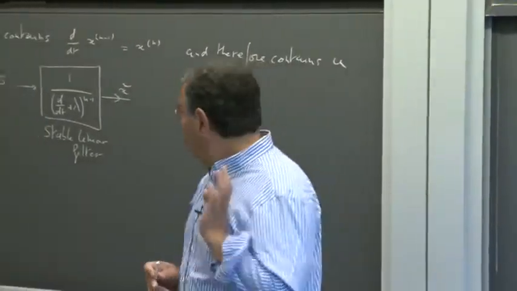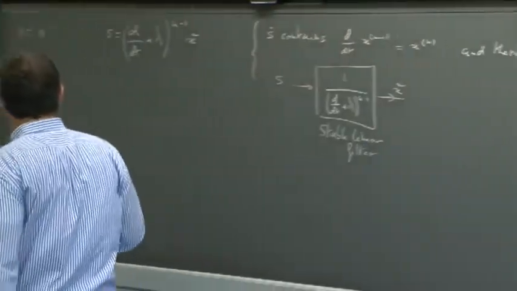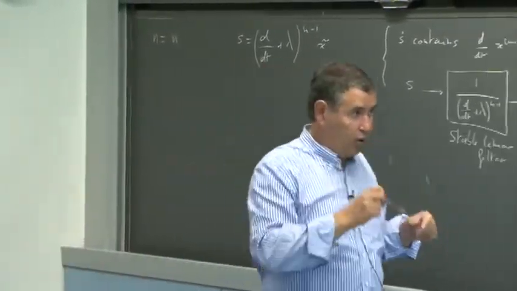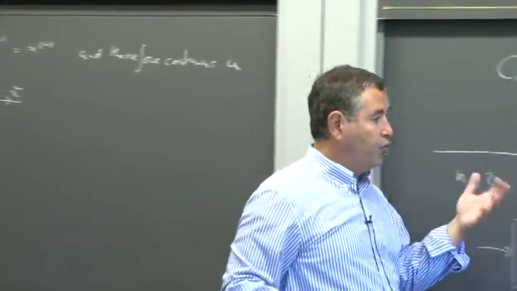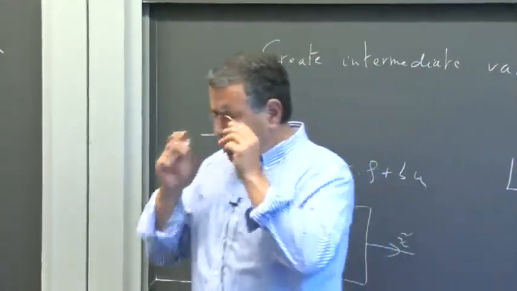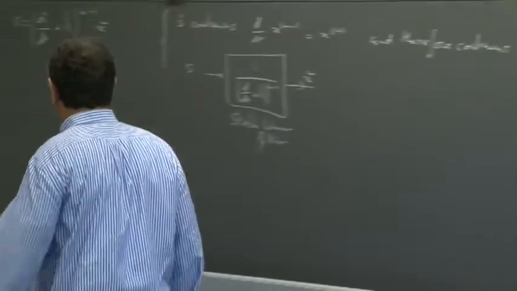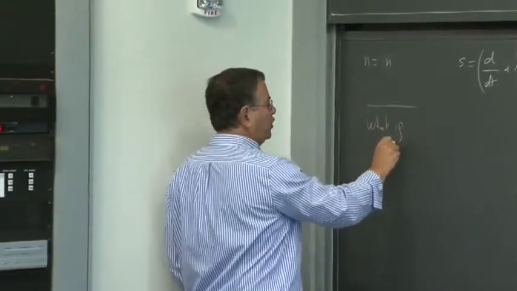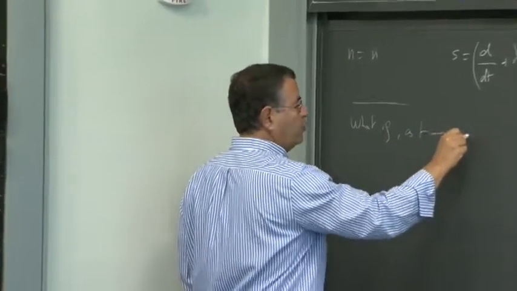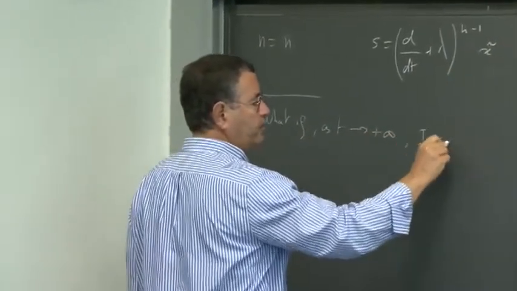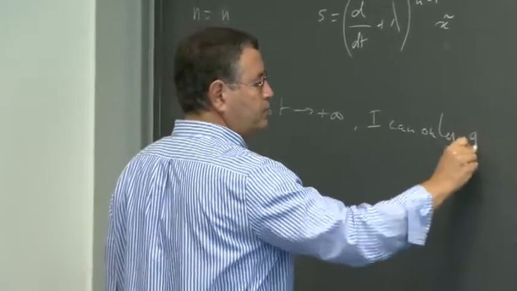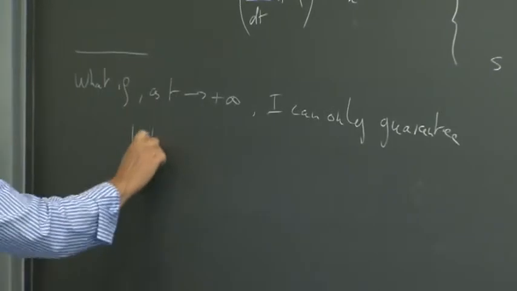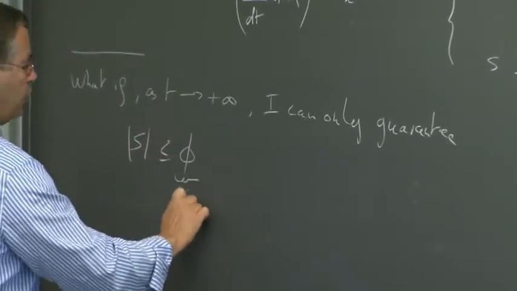We can push the analogy a little more, in terms of going from nth order to first order, by wondering: what if, as t tends to infinity, I can only guarantee s less than some constant phi?